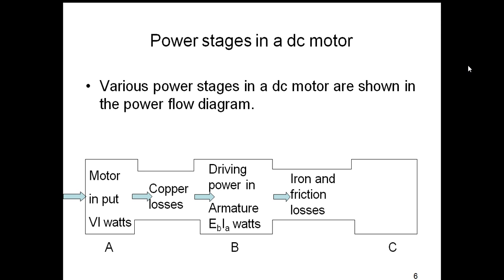After that, when this armature starts rotating, there will be iron and friction losses, and the remaining power will be the motor output, which we represent here as C. Means the input is A and the driving power in armature is B, and the output at motor is represented as C.